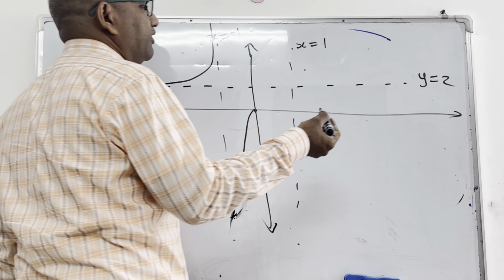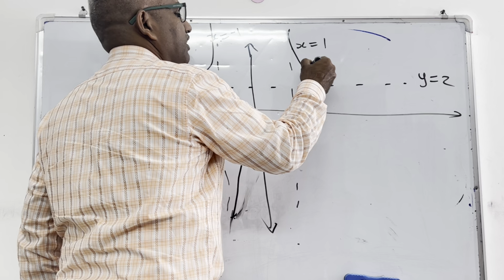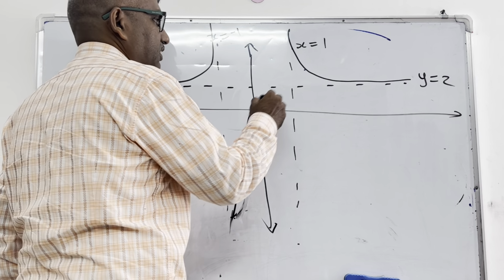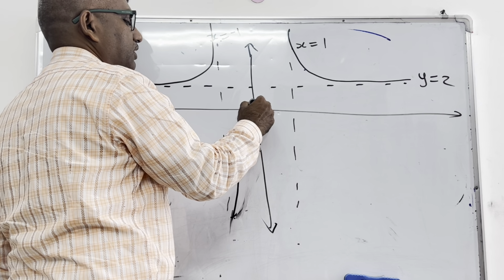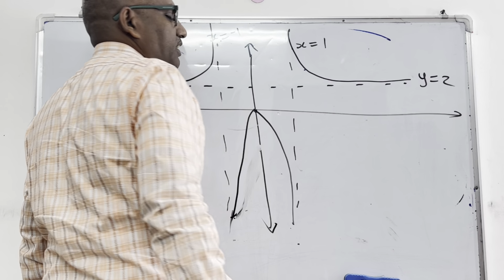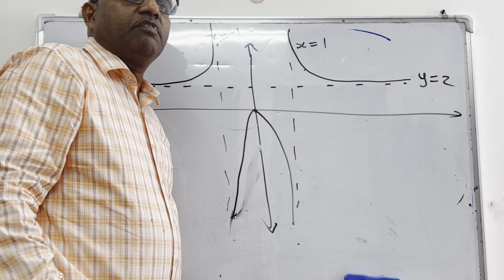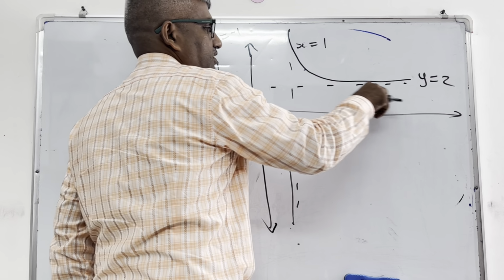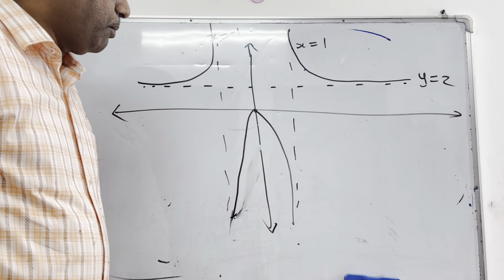Then automatically, due to the even function, we can reflect about the y-axis, and at the same time from 0 to infinity the curve is decreasing. That is also supported by the theory.